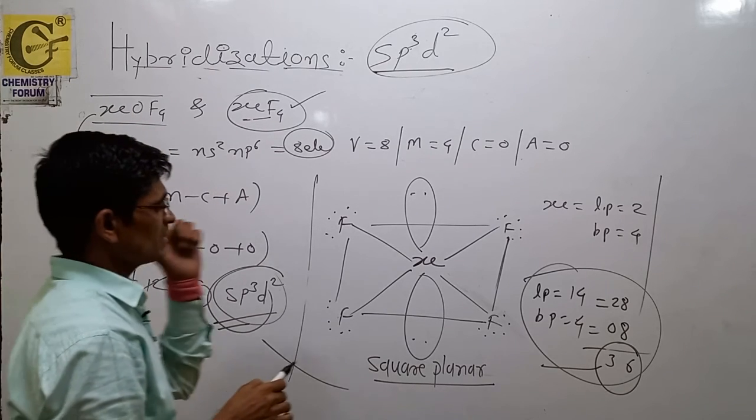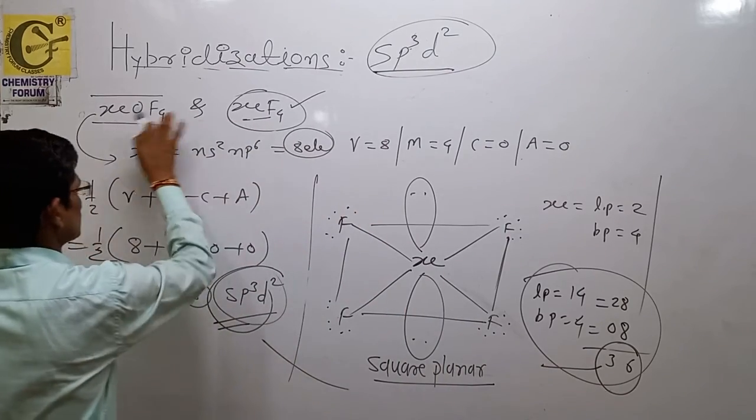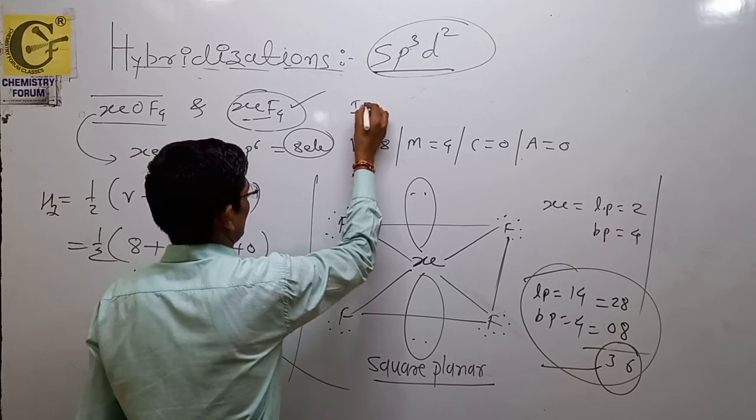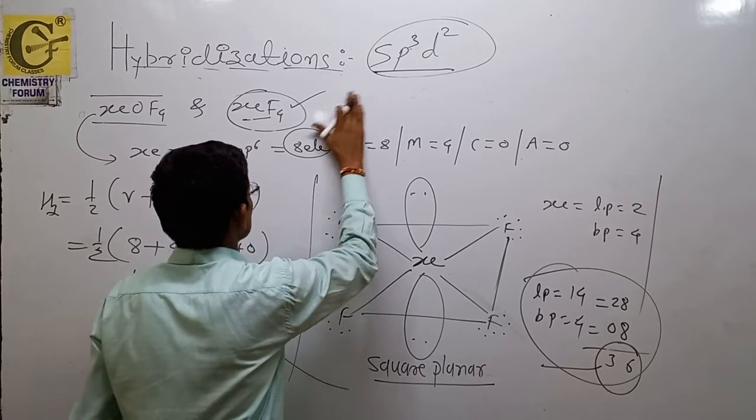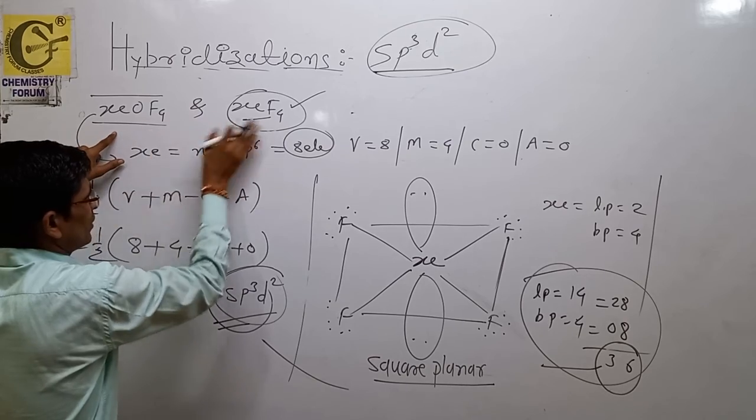But we can't say they are isoelectronic. These two examples are not isostructural, and are not isoelectronic either.